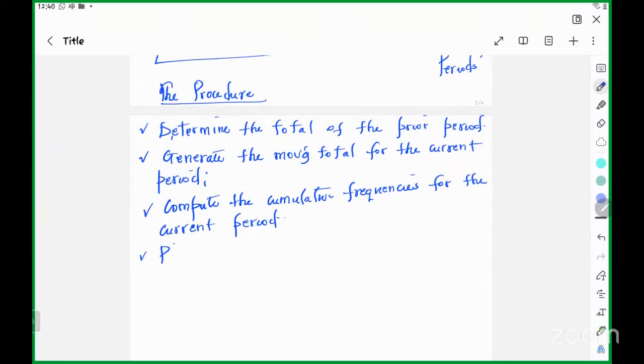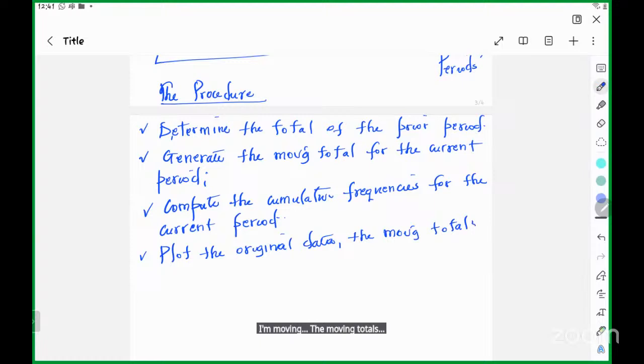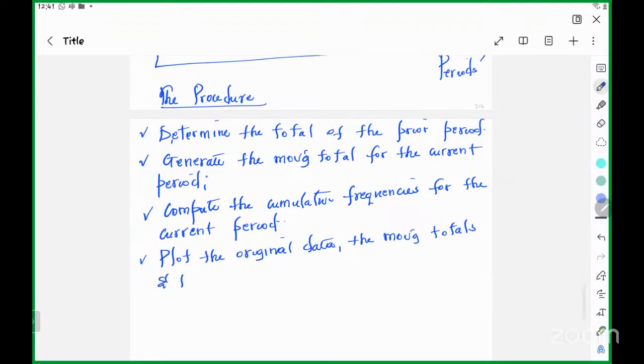Okay, then plot the original data, the moving totals, and the cumulative frequencies against the periods.